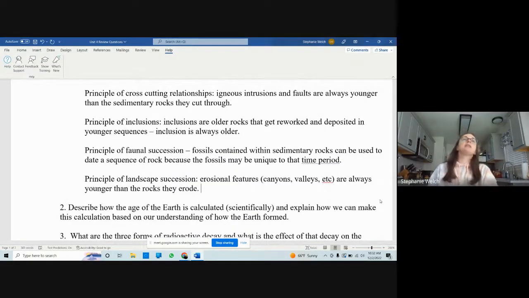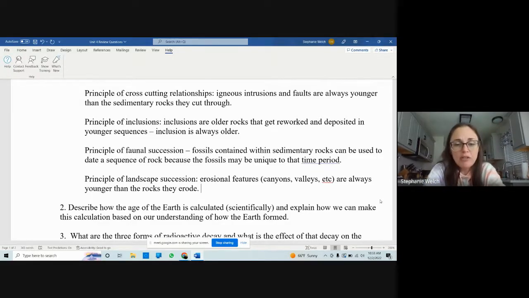So the example I use in the lecture is the Grand Canyon. The Grand Canyon's relatively recent. It's something on the order of 5 million years old, but the rocks it's cutting through are hundreds of millions of years old. So the rocks had to be there for the canyon to then slice and work its way down through those existing rocks.